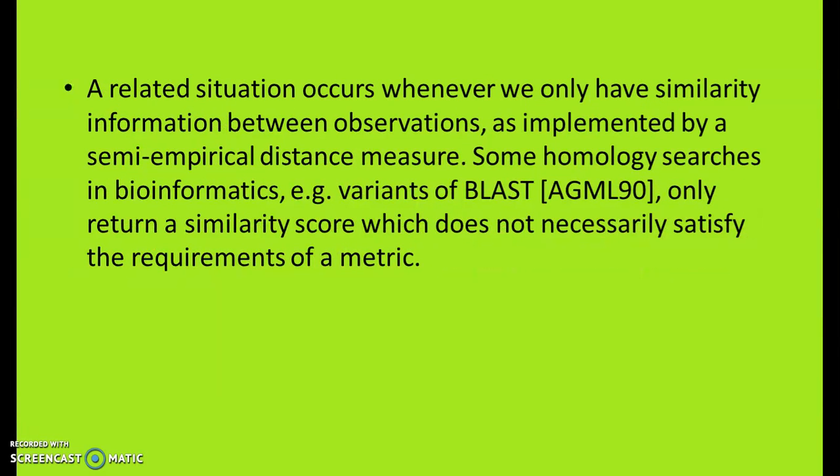A related situation occurs whenever we only have similarity information between observations, as implemented by a semi-empirical distance measure. Some homology searches in bioinformatics, for example variants of BLAST, only return a similarity score which does not necessarily satisfy the requirements of a metric.